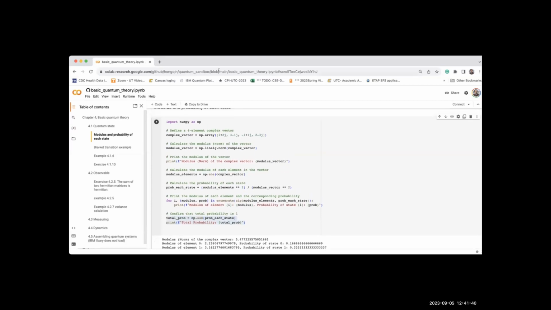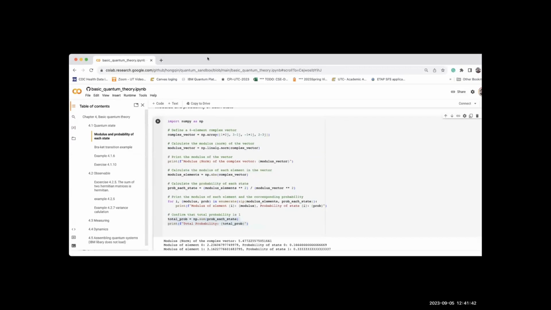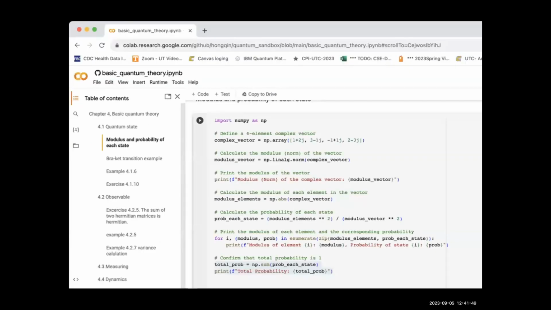So let's change that into the book example. The book example is what? Let's see.